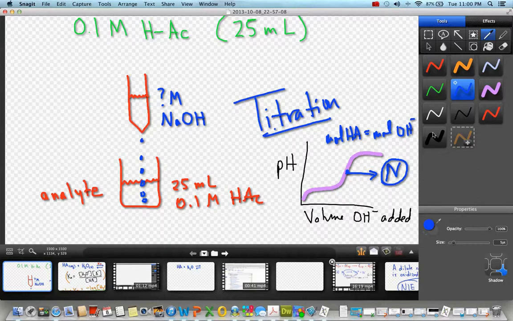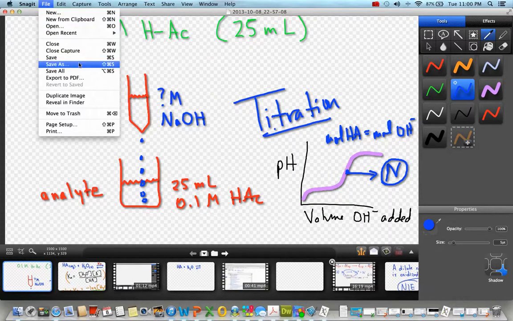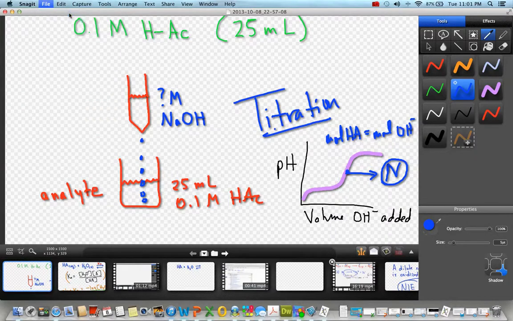This is part of a pretty massive problem that I will give you guys on a take-home test. It's a classic Gen Chem 2 chemistry examination question. And so we'll piece this together step by step. So why don't we first start by calculating the pH of our acetic acid solution before I add any NaOH at all, which should be review.